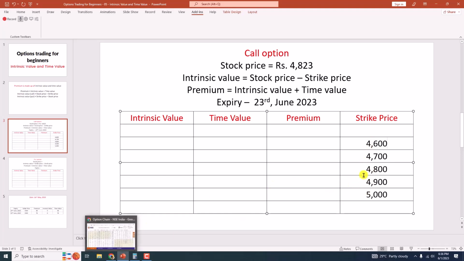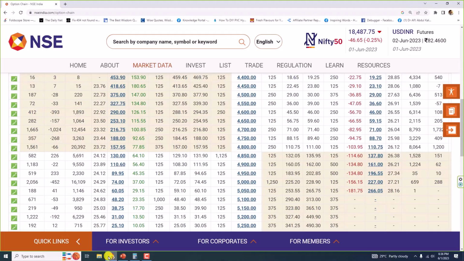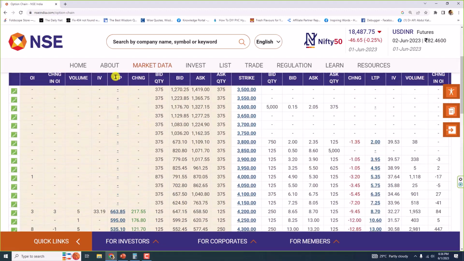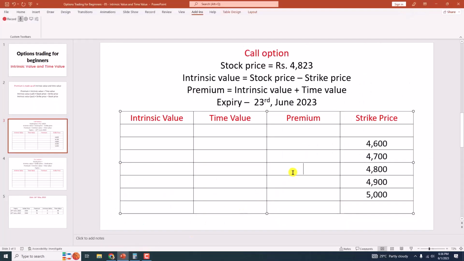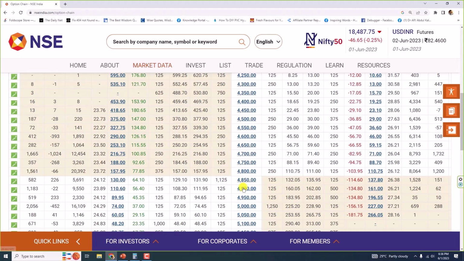Now, for strike price 4800, let me see how much the premium is. For 4800, where is the premium? It is at the center, LTP. So this is the premium. 157.95 is the premium for this strike price. So let me copy this 157.95. Premium is 157.95. Alright. For 4900 it is 110.60.